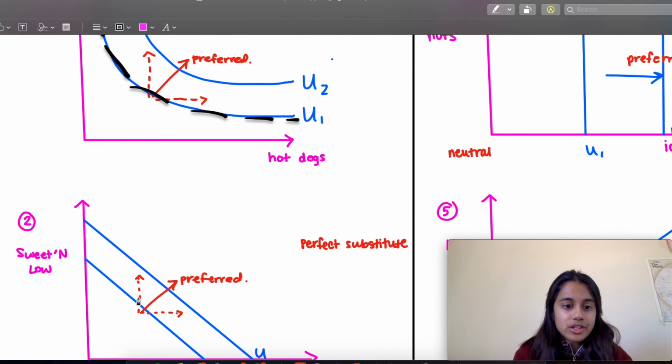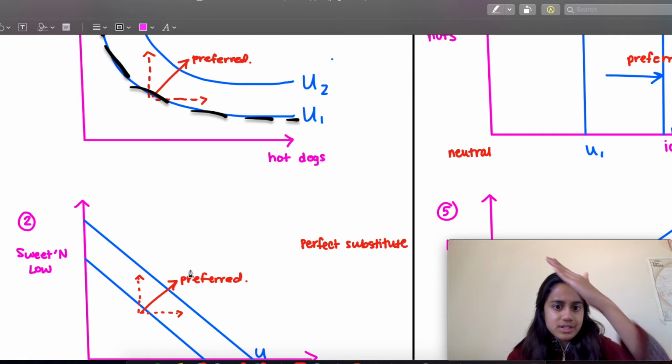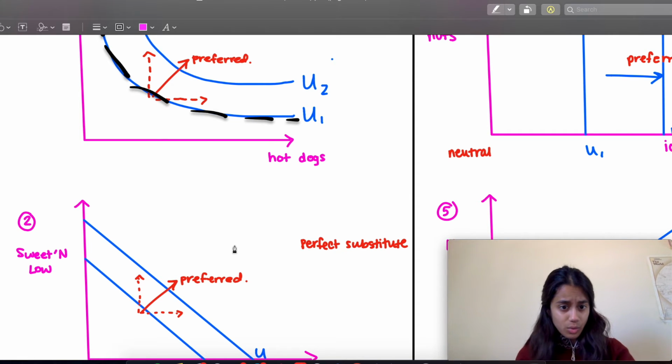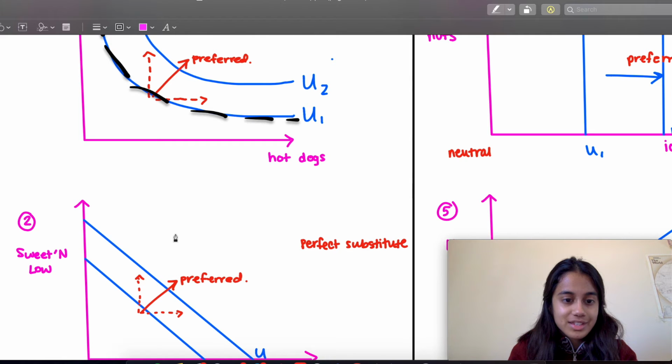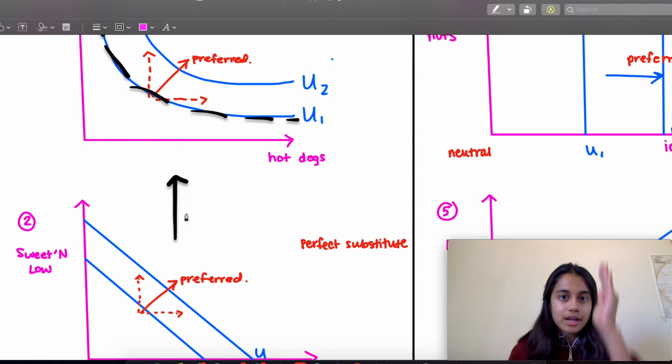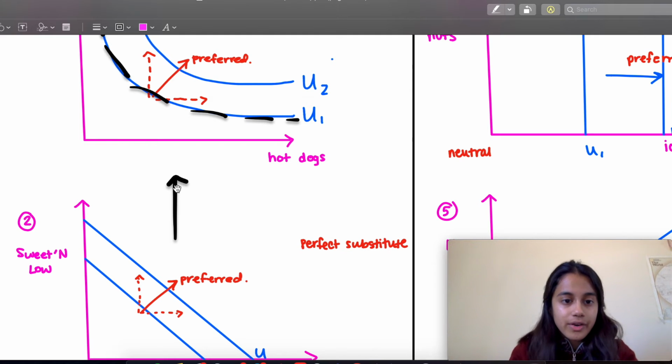Also, I forgot to mention the preferred direction, the arrow. Where is it going? How do you know that it goes to the upper right corner? I like to think of it as vector multiplication. I prefer a lot of Sweet'N Low, that's why I'm increasing that in the graph. I also prefer a lot of sugar.